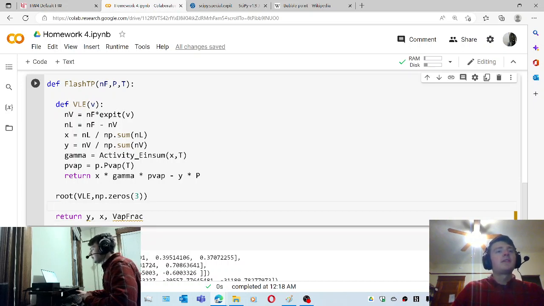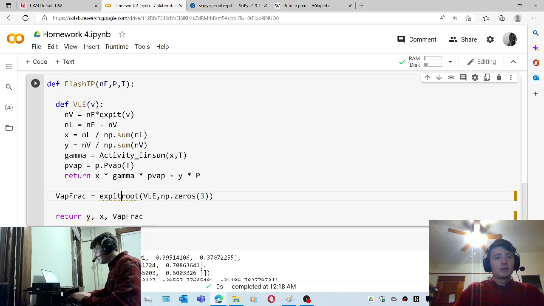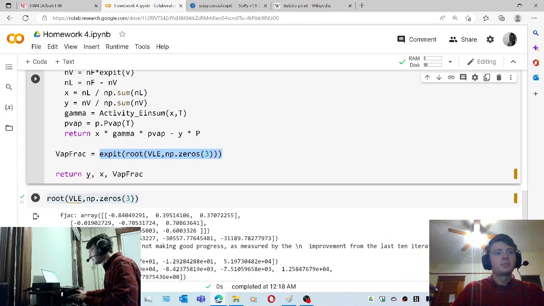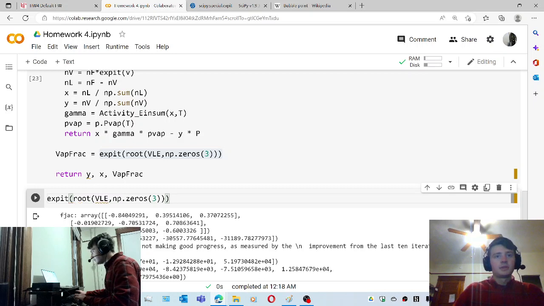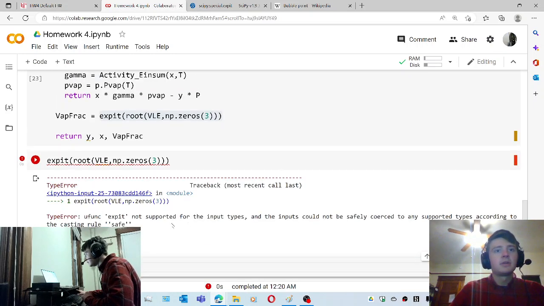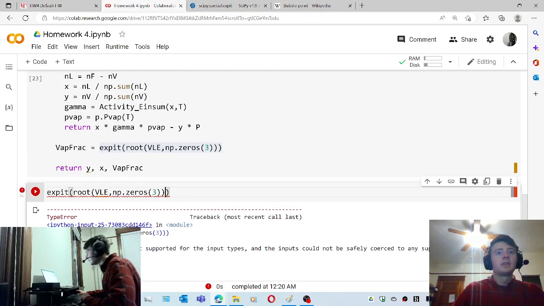So I have this root. What can I do with this root? Well, the vapor fraction is actually going to be the EXPit of this root function. That's a good thing to check outside of the loop, what is the EXPit of that? Oh, it's because I need to put an X on here.